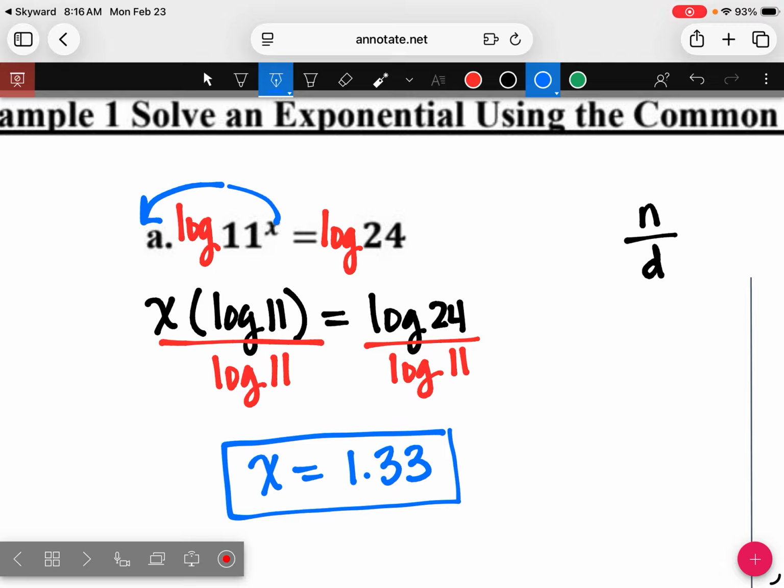Log 24 should be at the top, and then log 11 should be at the bottom. So did you hit the N over D button? Okay.